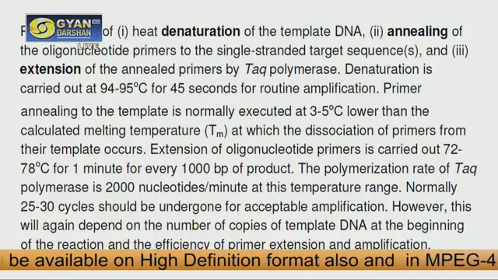Sometimes we may go up to 35 cycles, but it is preferable not to go beyond 35 cycles. So ideally 30, and in extreme cases, if you need more amplification, then 35. But after that, it becomes saturated. There is no point in increasing the number of cycles to increase the copy number of the DNA, the gene, or the sequence.